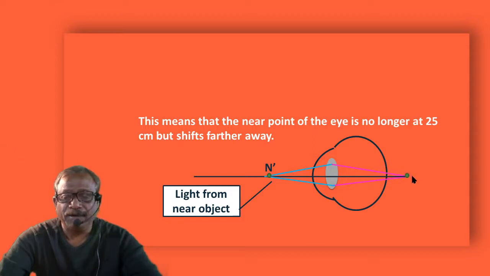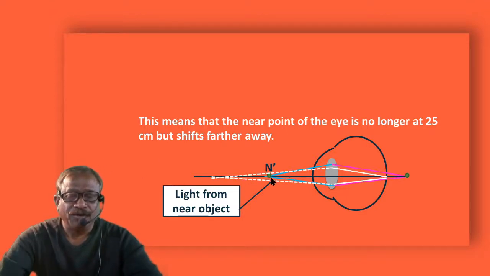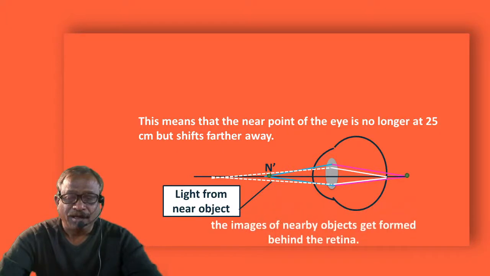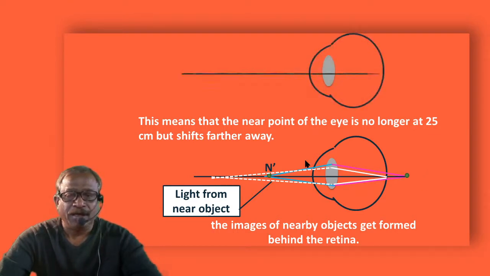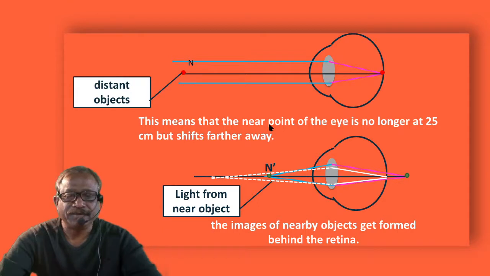They fall beyond the retina. So this is not a near point then. Therefore, it is shifted from the eye. The image of the nearby object gets formed behind the retina. But this eye can see distant objects clearly.